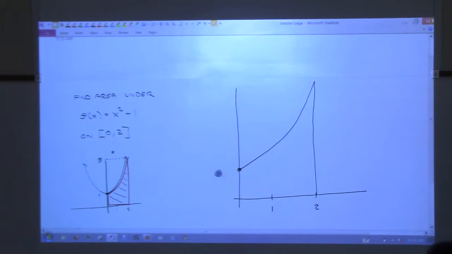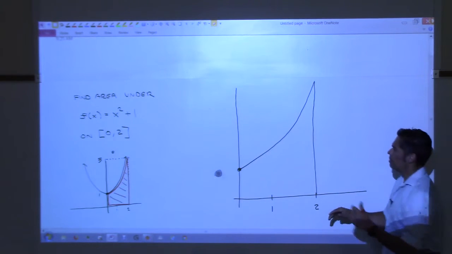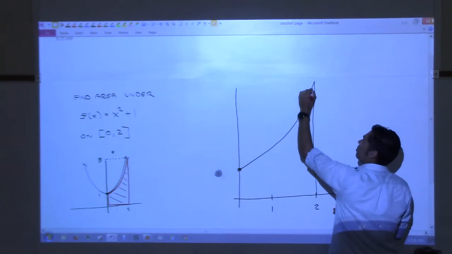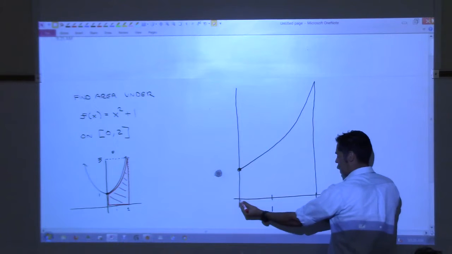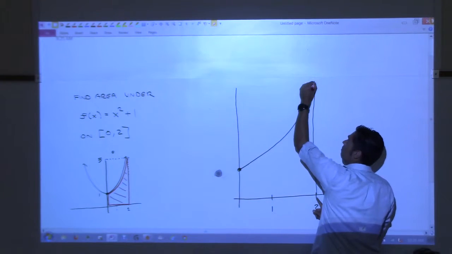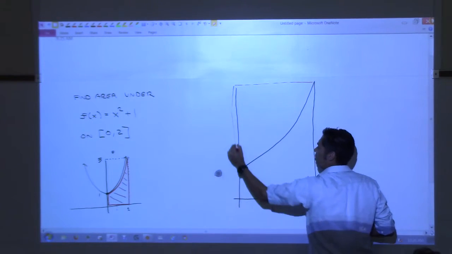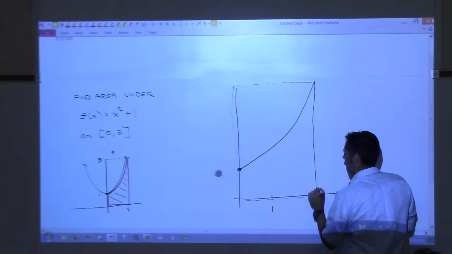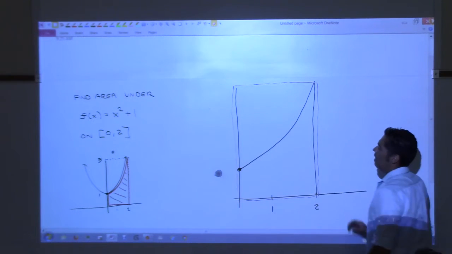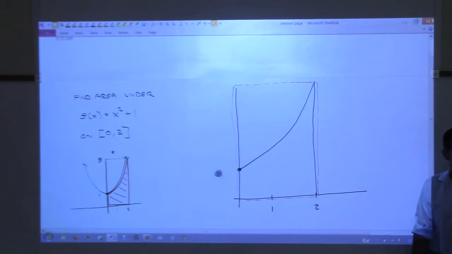Using a similar approach that the Chinese used, I could approximate this area by, don't write this down, but just watch me. I could say, okay, I'm going to take a rectangle that goes around this thing, like this, and find the area of that red rectangle, right?